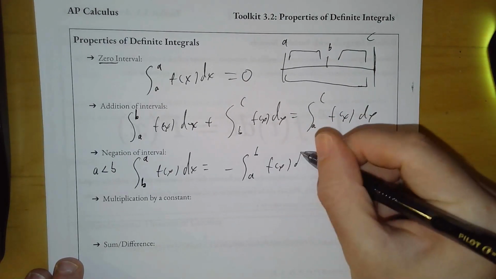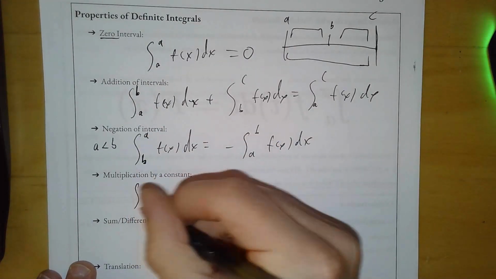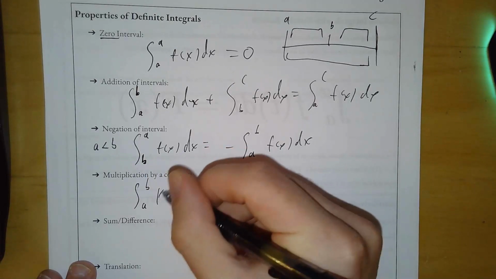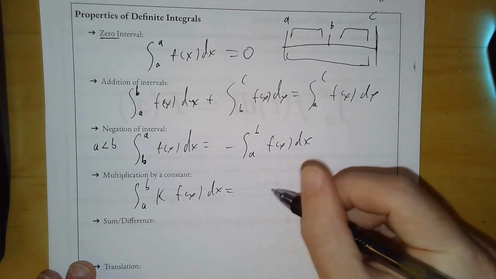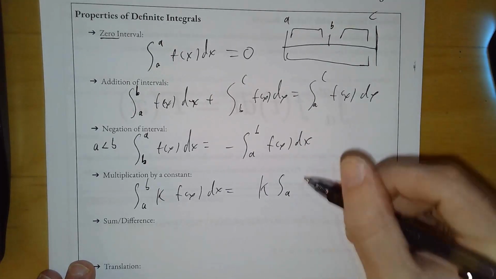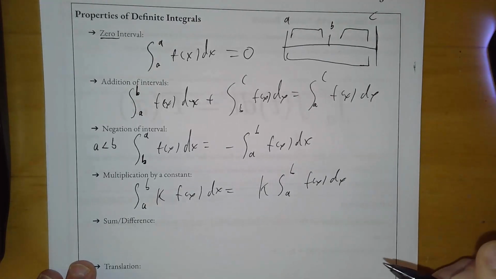Multiplication by a constant just says that if you have some integral from a to b of some constant k times f of x dx, we can just take that k out. So it's k times the integral from a to b of f of x dx.